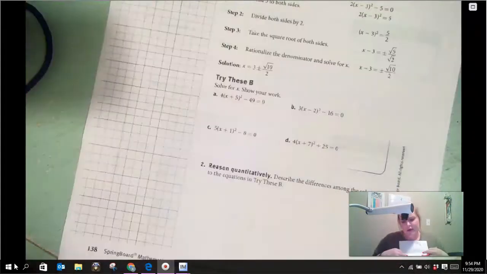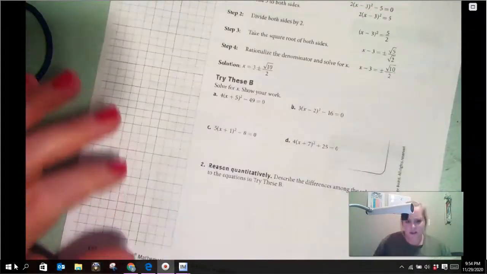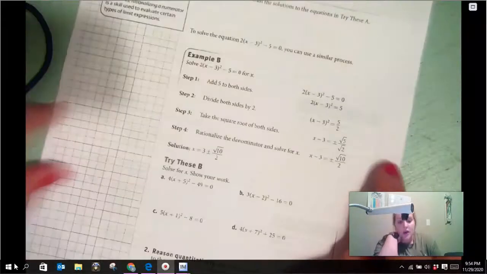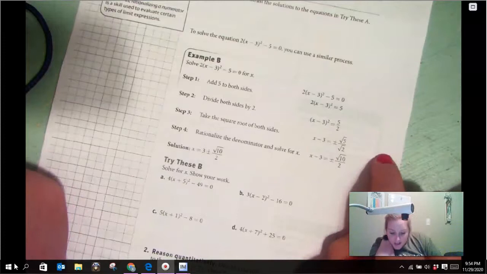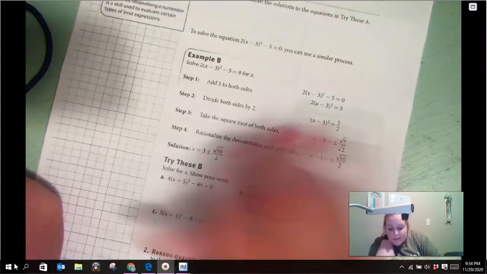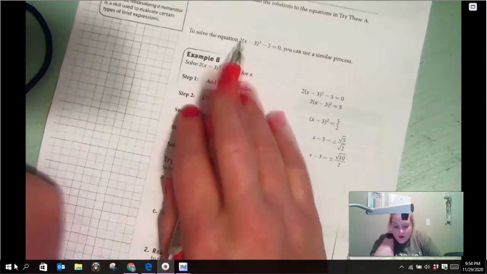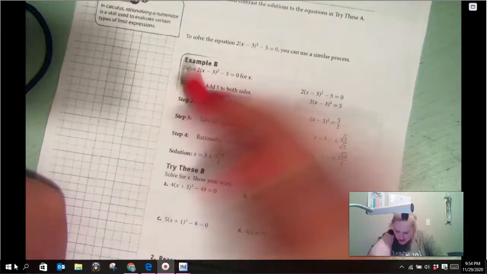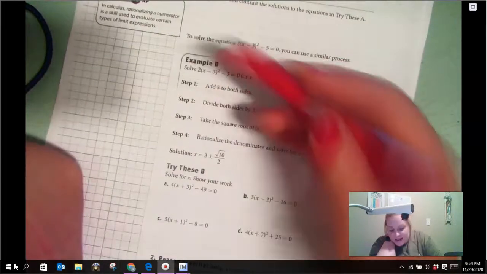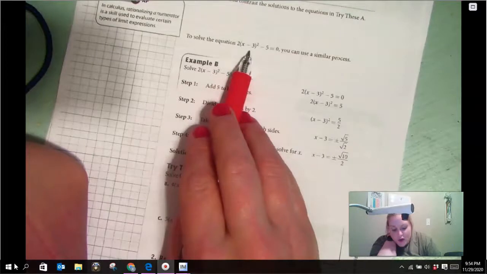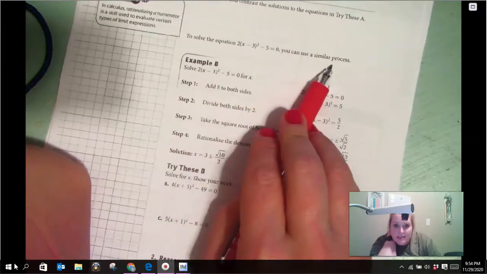I know that they're difficult, especially when you've got negatives and you've got crazy radicals, but that's how that works. Okay? All right, so now we're going to look at a problem like this. This is page 138, it says to solve this equation here, you can use a similar process.